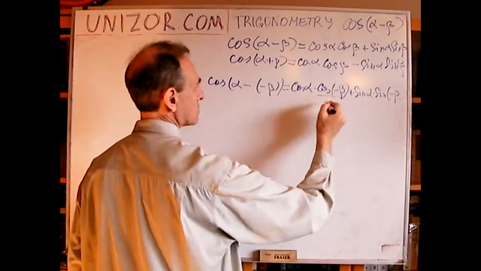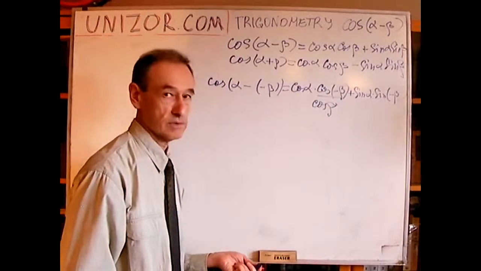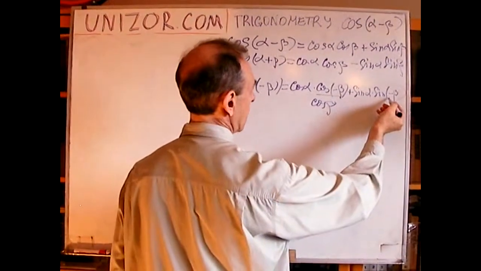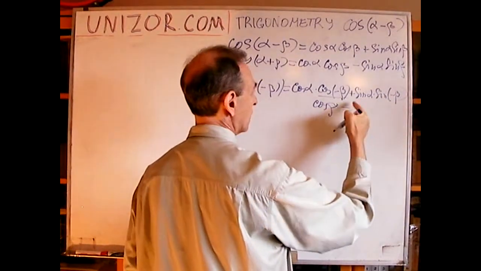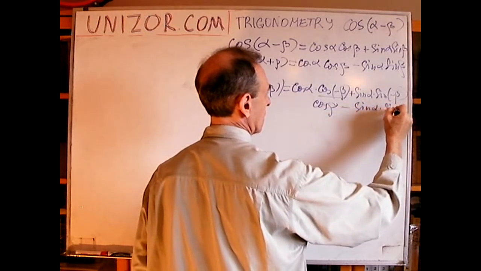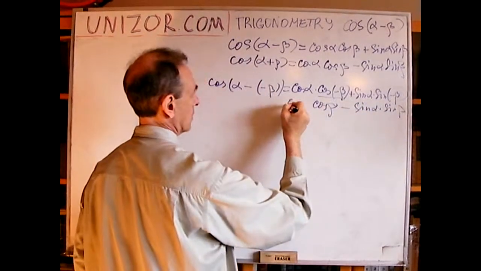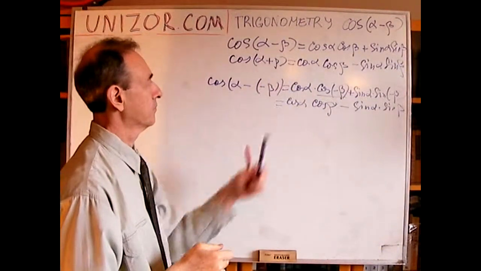Now, cosine minus beta is equal to cosine beta because cosine is an even function. Now, sine of minus beta is minus sine of beta because this is an odd function. So minus goes here, and then I have this. So I have this formula.